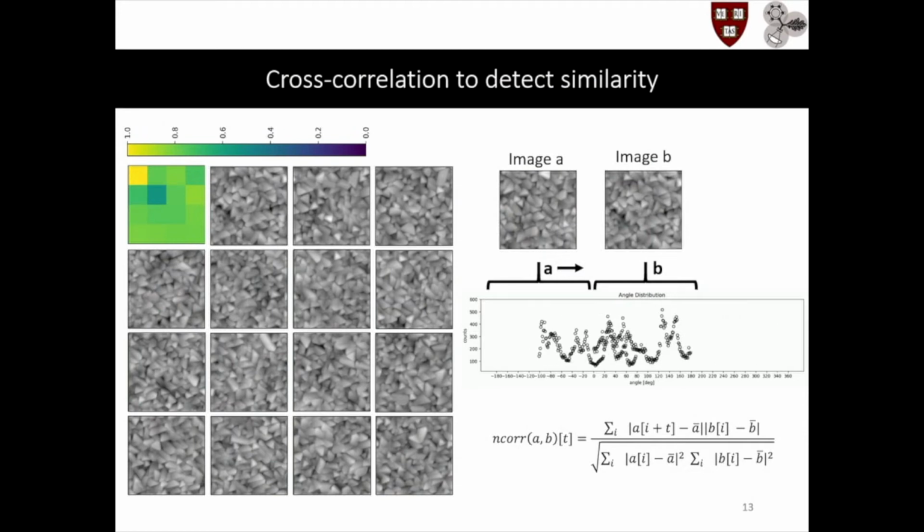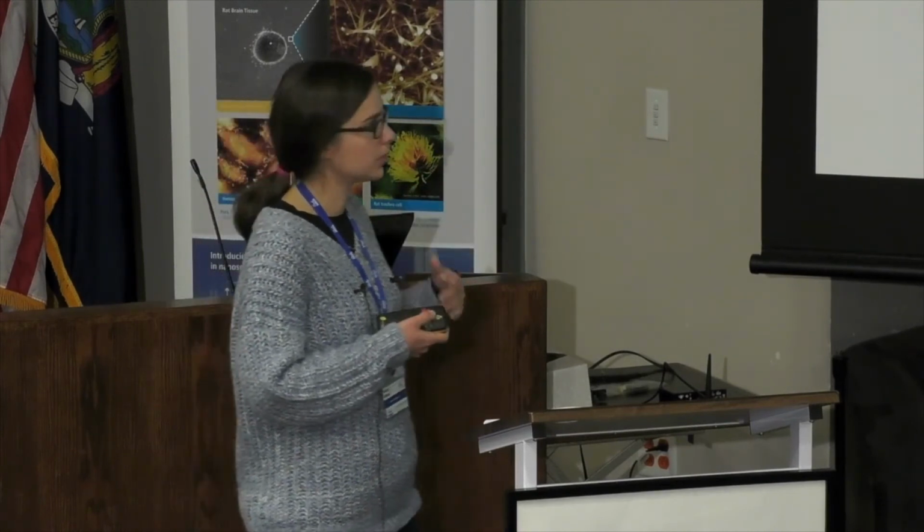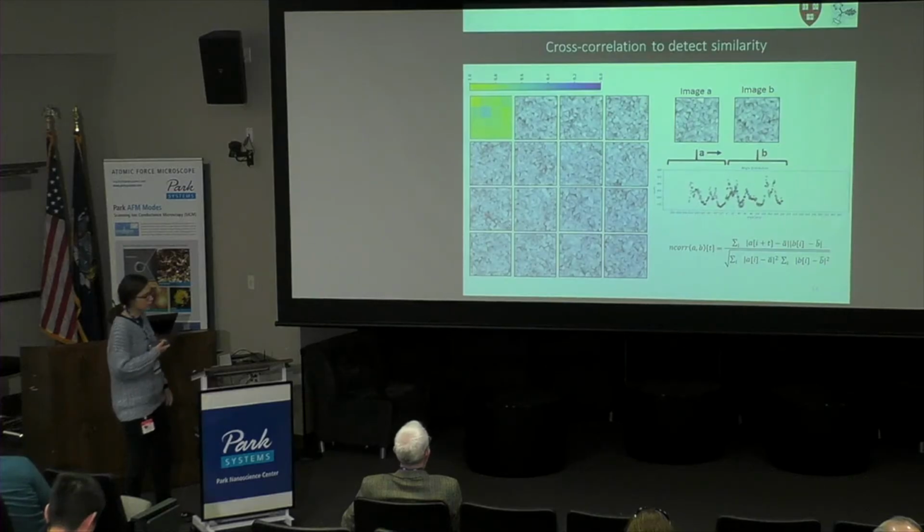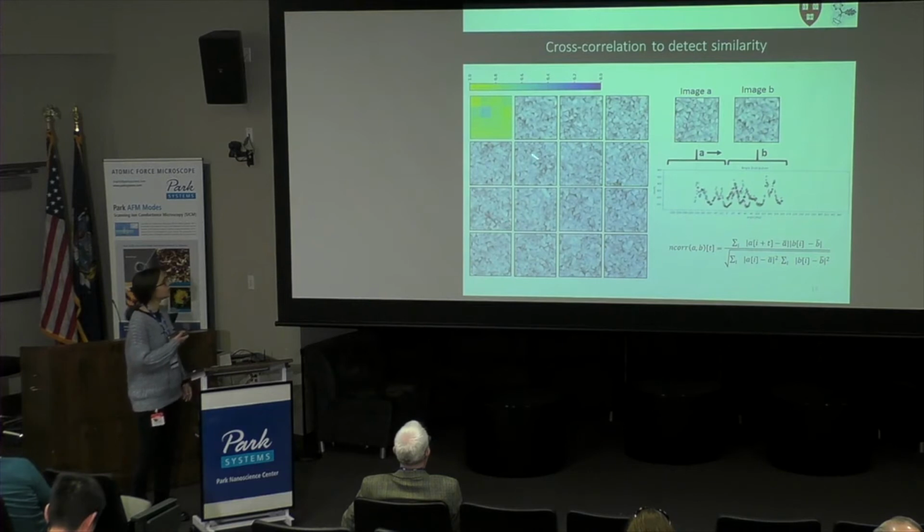I think the advantage of that is that it's not sensitive to added background or dilation or multiplication factors. So this here is the result for cross correlation of that first image I showed you and all the other ones.